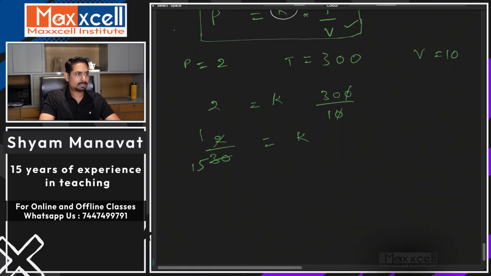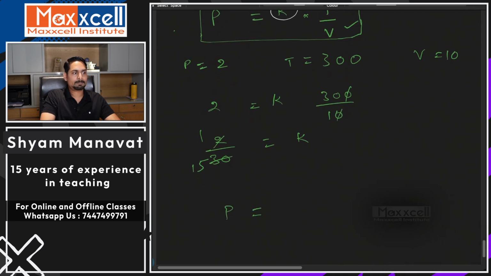So now you got P equal to the proportional constant. Why is it called constant? Because it will remain the same in this particular question. For this particular question, K will always be 1 upon 15, constant, while the variables keep on changing.